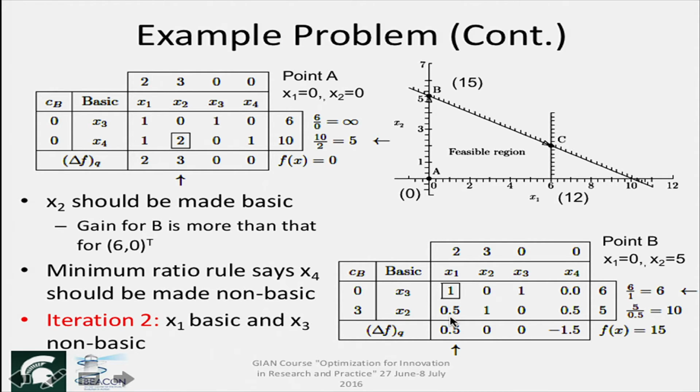Subtract the first row after multiplying the second row by 2. No. Wait a second. Am I saying it right? No or yes? So which is the pivoting row? You have to see that. Which one do you want to make 0? This row. So this is not your pivot row. Your pivot row is the x1 row that we're bringing in. So you have to multiply a number there and then subtract from here.